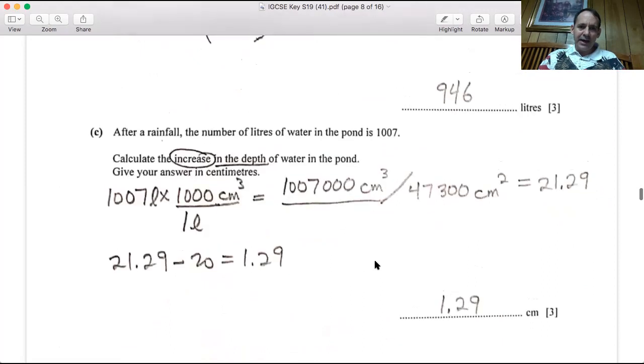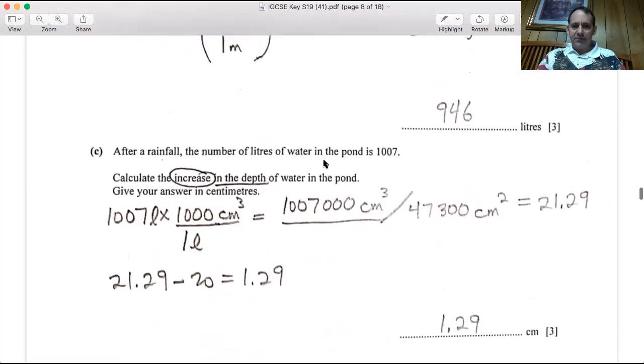Now, after a rainfall, the number of liters in the pond is up to 1,007. So we need to calculate the increase in the depth of the water in the pond. Okay, so the increase. So we take our 1,007 liters and we're going to convert that to centimeters cubed.